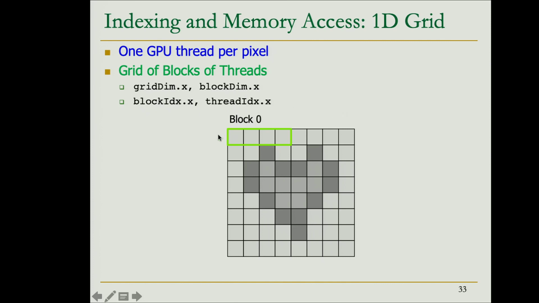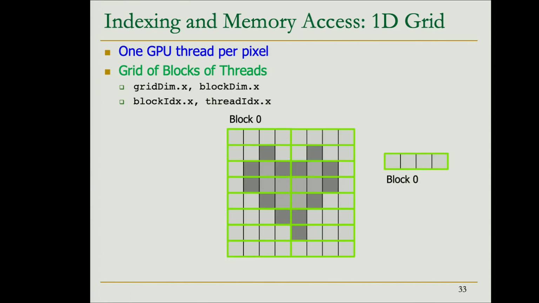So, for example, one way of distributing this whole image among blocks and threads is by assigning consecutive chunks of pixels to consecutive thread blocks. For example, we can assign these 4 pixels to block 0. Of course, this is a toy example. We will typically have much bigger images and much bigger blocks, but here each block is composed of 4 threads.